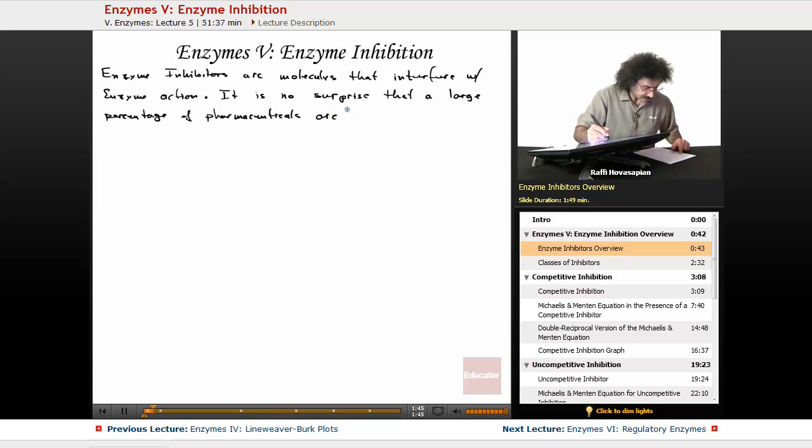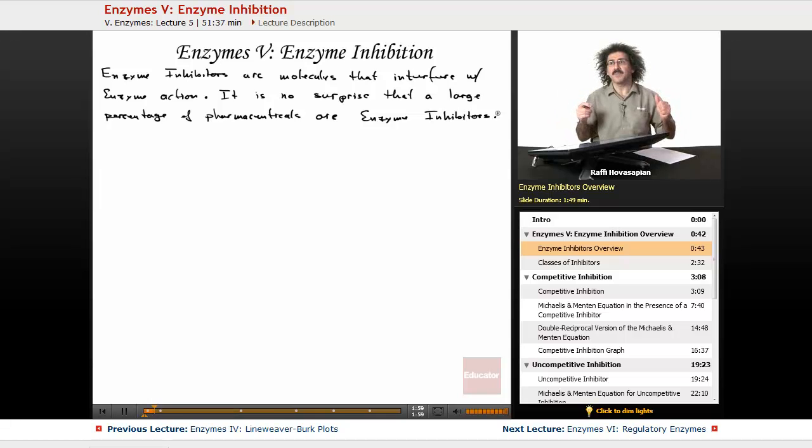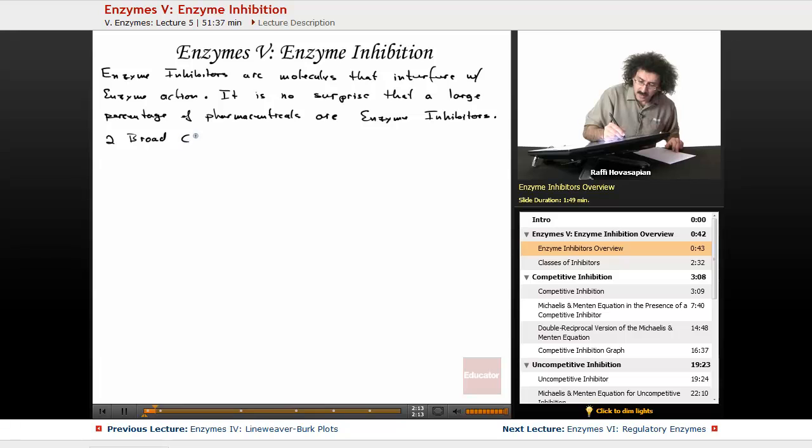That is a huge area of pharmaceutical research. We discover some metabolic pathway. We discover something in that pathway, some enzyme where we know how to control it. We control it. We mess with it. That's what we do.